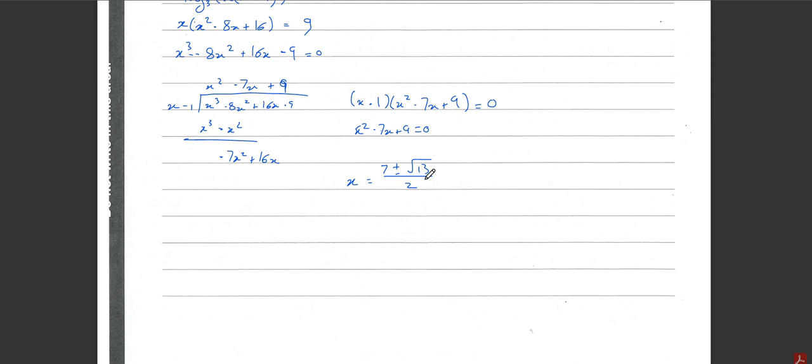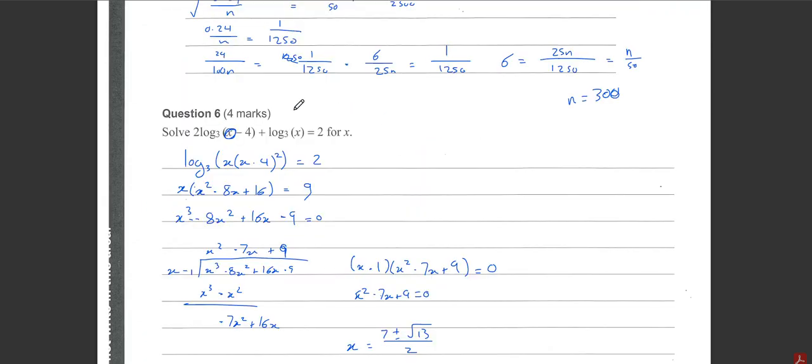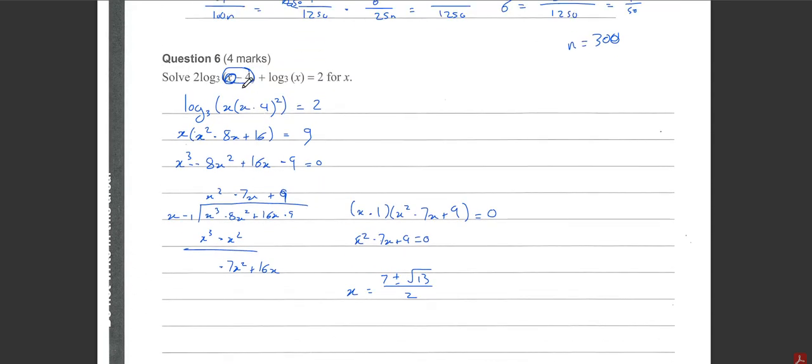Now, these don't seem to be negative, because 7 is root 49. That's obviously greater than root 13. But is it going to satisfy this part? So essentially, both of these numbers have to be greater than 4.